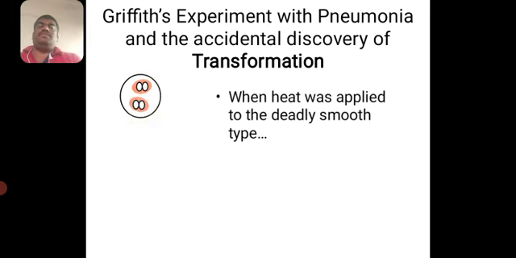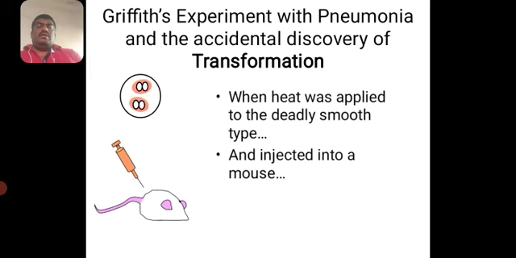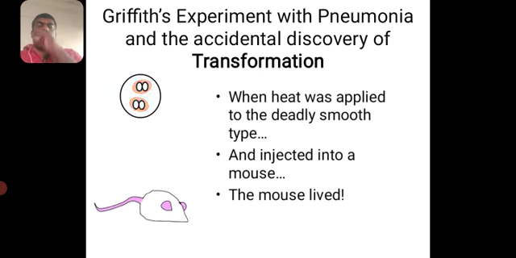Then in the third step, the scientist Griffith heat killed that deadly smooth strain and injected it into the mice. After injection, the mouse lived.